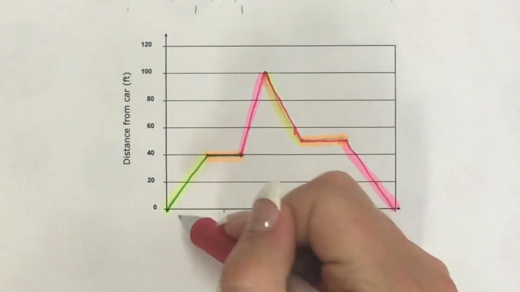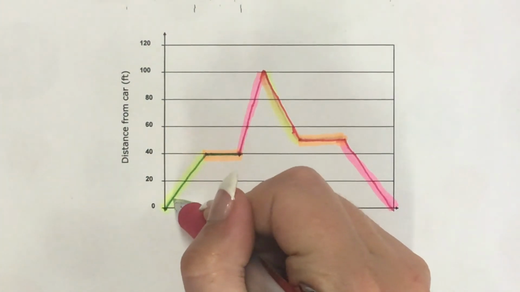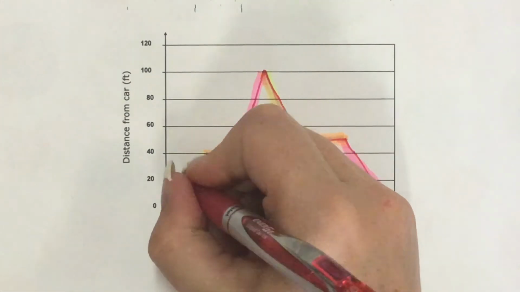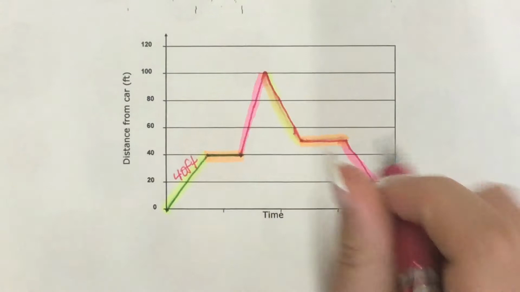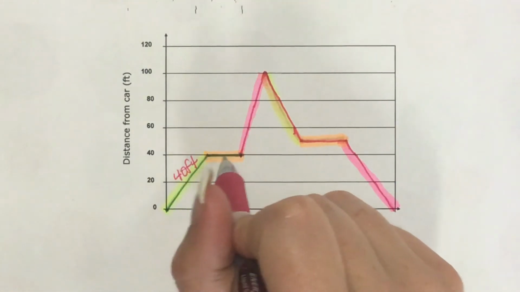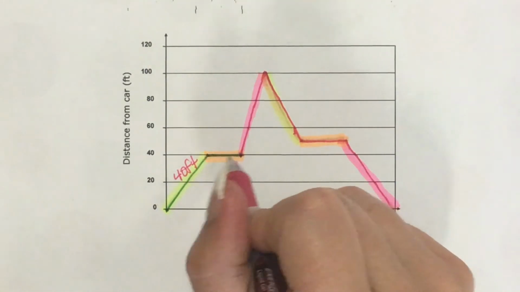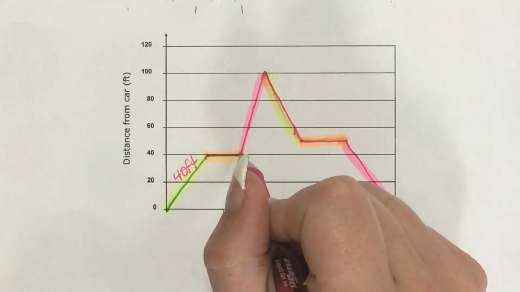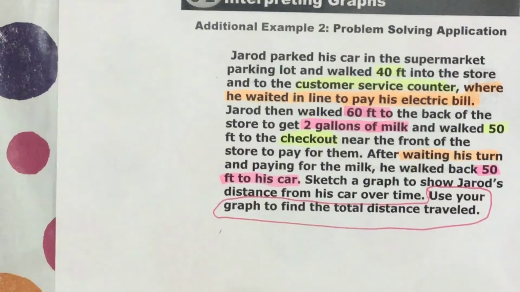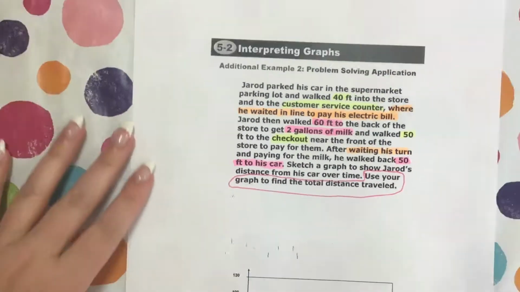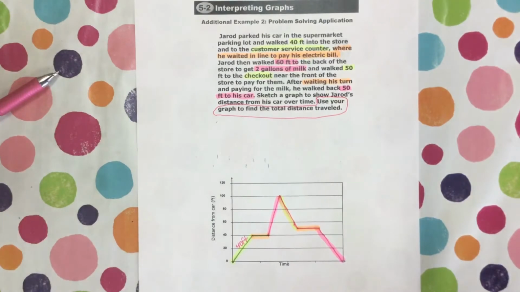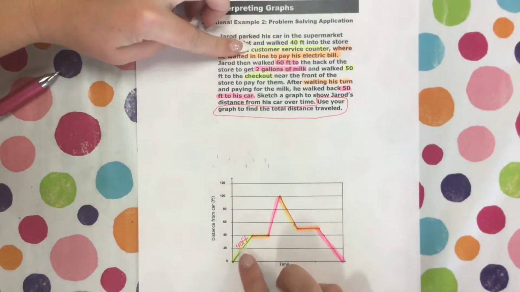First, we're at the car. And then he went 40 feet to the customer service. So this represented 40 feet. Here, he did not move any distance. He was in the customer service line, so no distance was traveled. I'll make it bigger so we can see everything. So this was the initial 40 feet to the customer service.